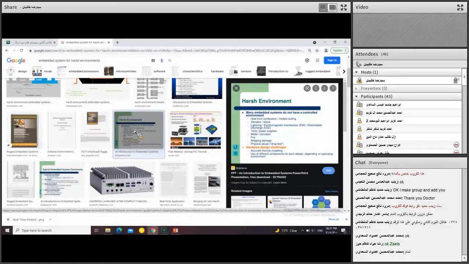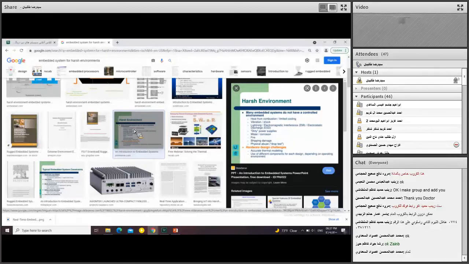Water and corrosion. It means that, for example, we have a system that must work in water, and we need a system that must work, for example, at high depths of water, for example, in the sea or in the ocean. Fire is another example of harsh environment.